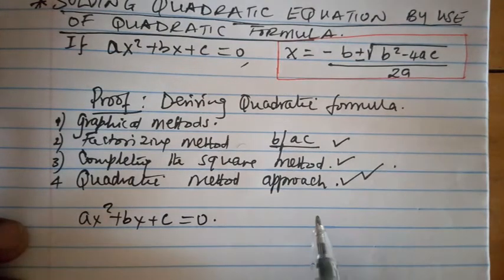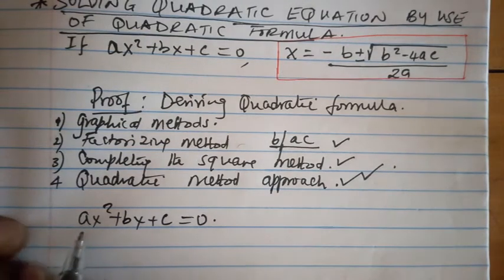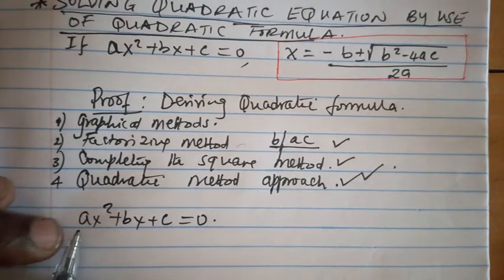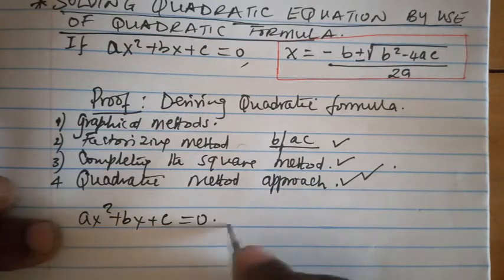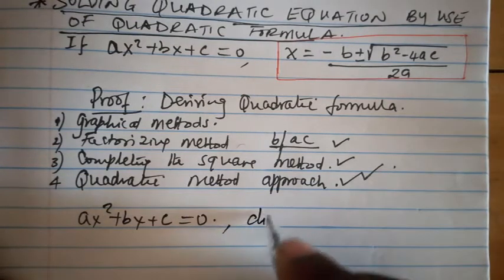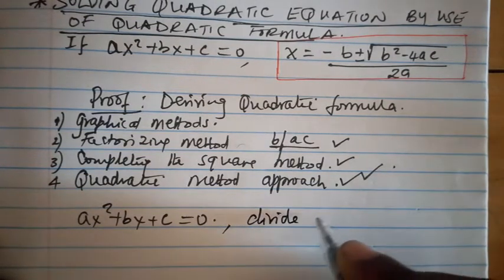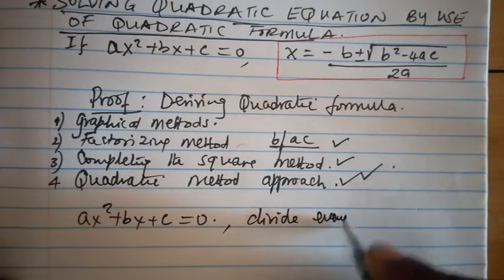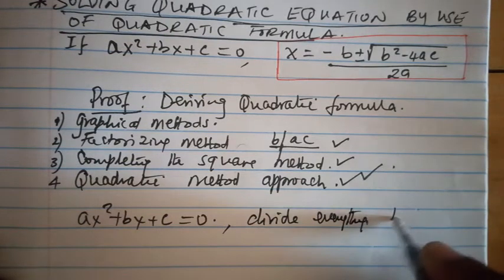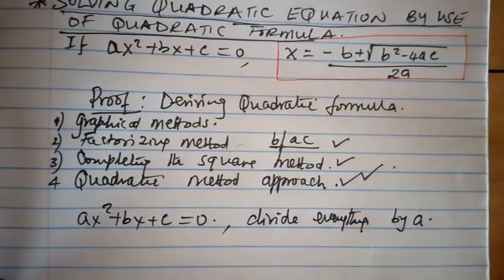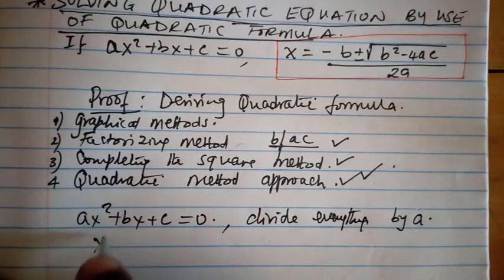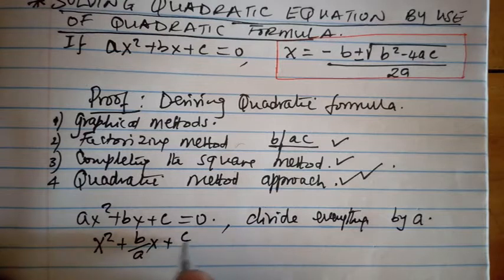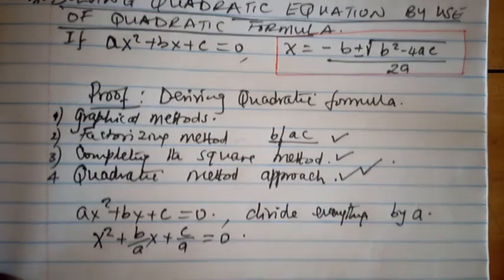To make the coefficient of x squared 1, you divide everything by a. And what do we have? We have x squared plus b over a x plus c over a, which is equal to 0.